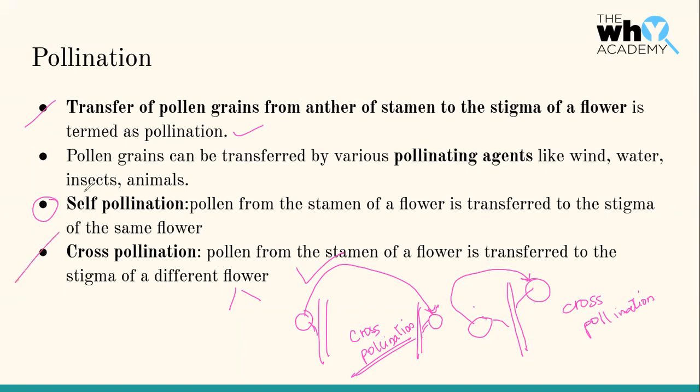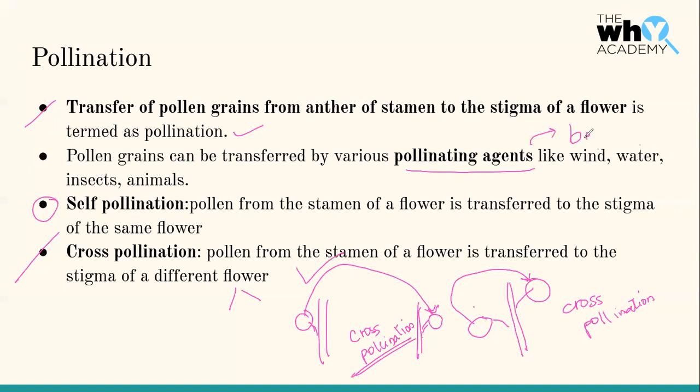And how does this transfer occur? By various pollinating agents. Pollinating agents are basically the helpers which help pollination. There could be a lot of agents. Common ones are wind, water, insects, animals. Humans could also be, when you accidentally touch one flower and then another flower, you could be helping them pollinate. The most important ones are bees.